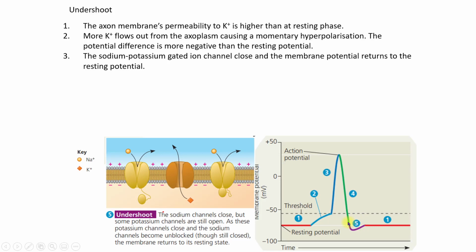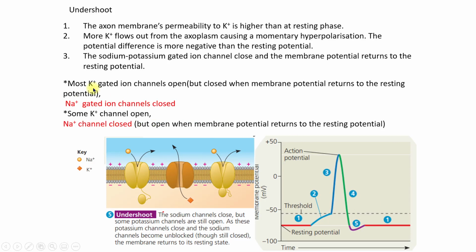The potential difference across the plasma membrane of the axon is more negative than the resting potential, that's why you have this value here. Resting potential should be here. The sodium-potassium gated channels remain closed and the membrane potential returns to the resting potential.